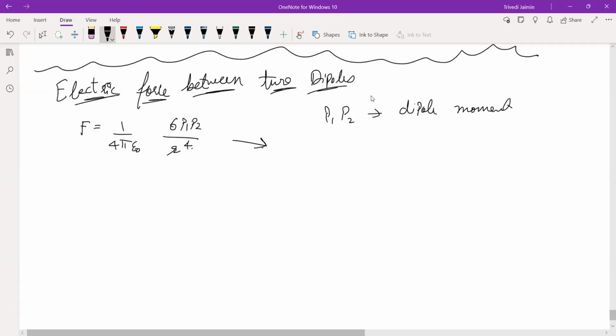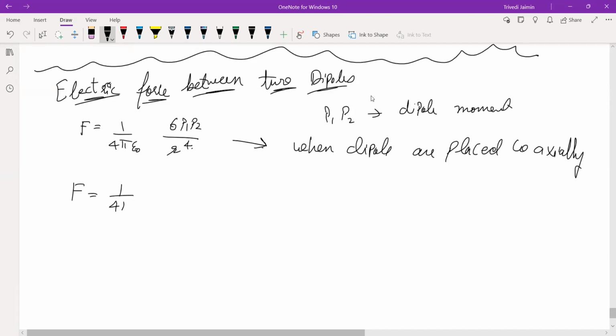And this formula is for when dipoles are placed coaxially. Next, 1 by 4 pi epsilon naught, 3 p1 p2 by r to the power 4, when dipoles are placed perpendicular to each other.